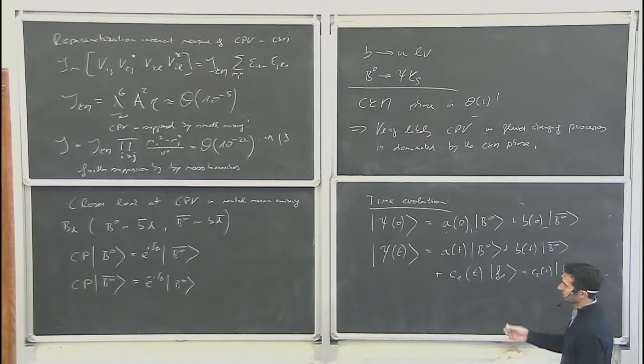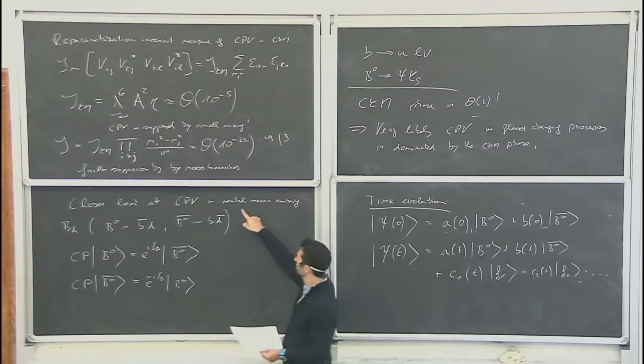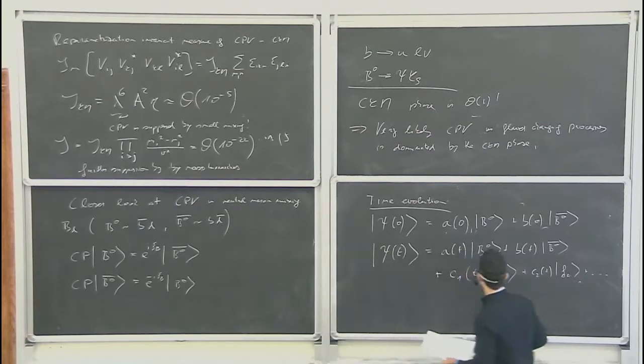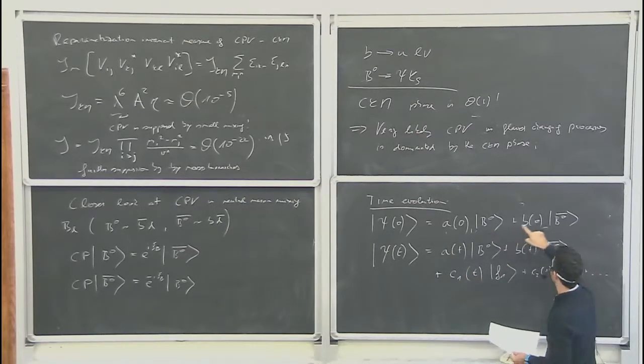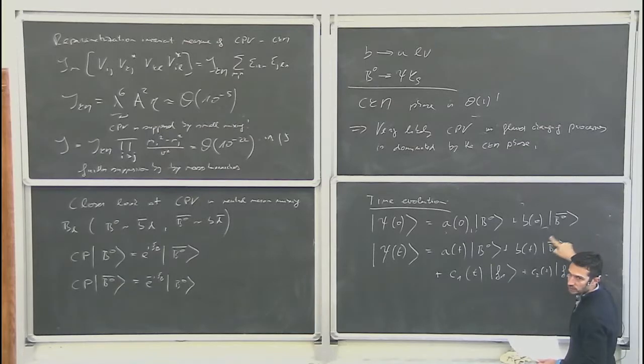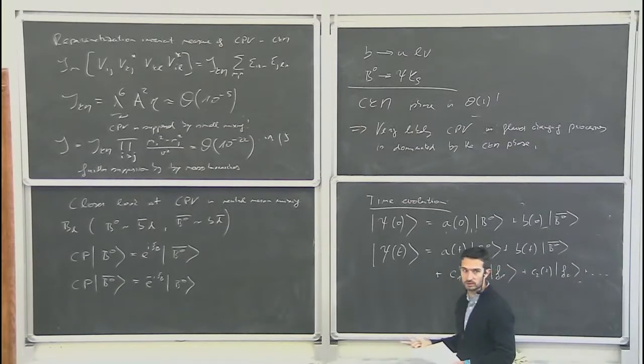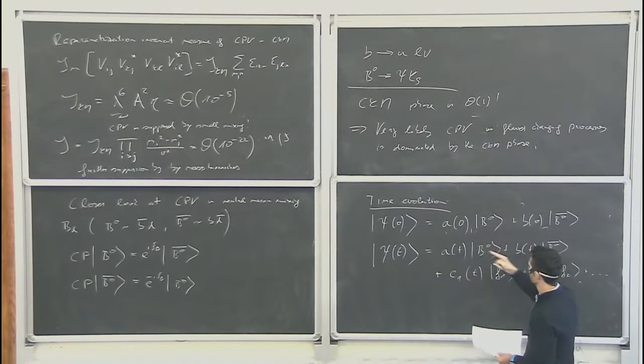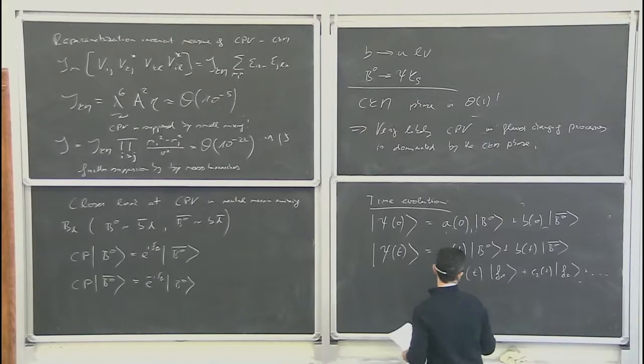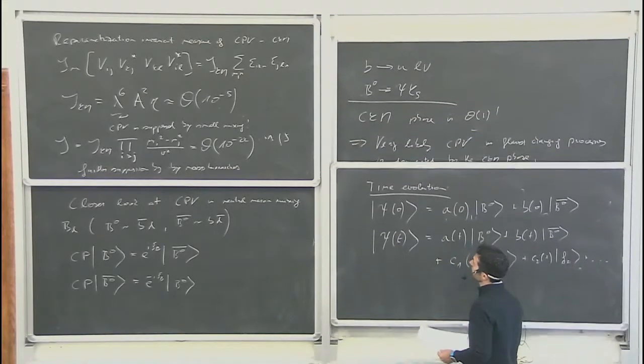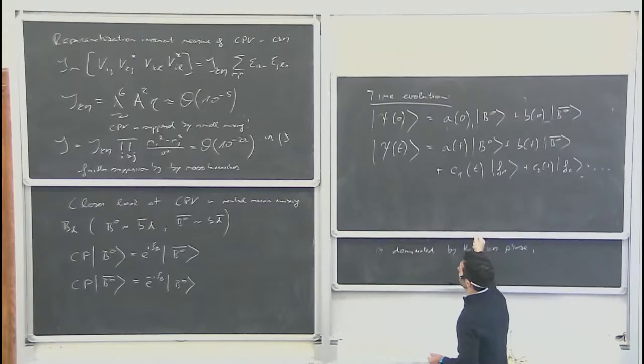If I want to discuss CP violation in meson mixing, I'm basically only interested in the B0 B0 bar system, which is not a unitary time evolution system, but I can still parameterize its time evolution.